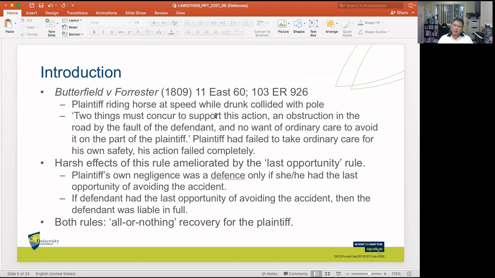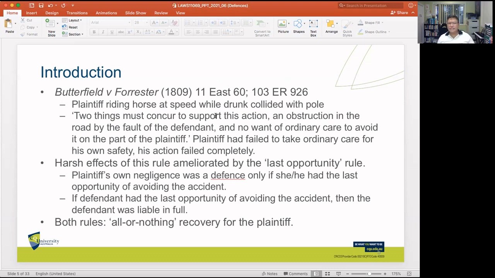But let's assume that a plaintiff was also being negligent, in the sense that the plaintiff was probably looking at the mobile phone, not paying attention to the surroundings, and as a result, the plaintiff then stepped on one of those obstructions and injured himself or herself. At common law, that plaintiff, because there was contributory negligence on his or her part, would have failed in an action for tort. So that was really a problem.